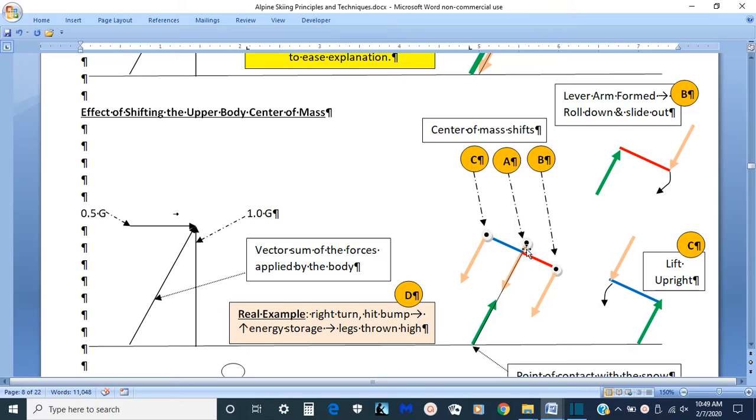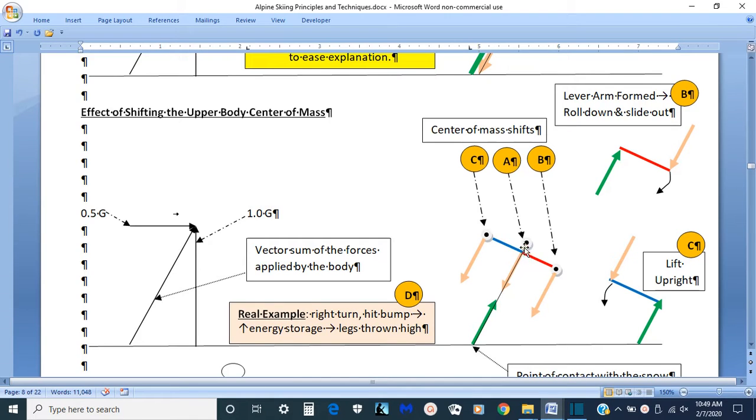Now, if you raise your upper body center of mass from here to here, get it above the ground force vector. So this is below the ground force vector. But if you raise it above the ground force vector, you're going to create a lever arm this way. Here's your stationary point. This is the hinge. And it's going to create a lever arm which is going to want to pull you this way. And that's going to want to pull you upright.